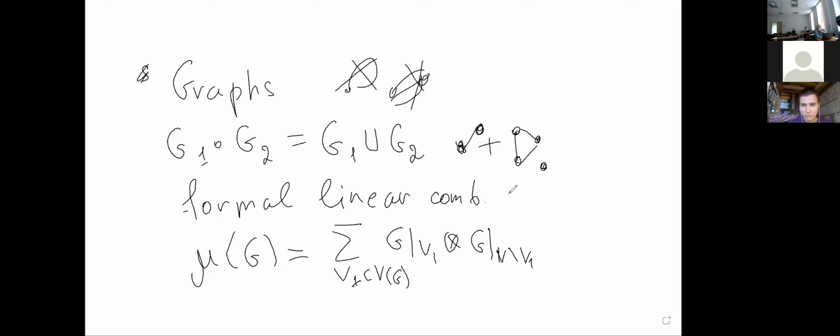Is it clear? No. Okay, maybe the annotation is not so clear. It's not obvious, but we have this operation and some more operations, but I will not remind what a Hopf algebra is, okay?